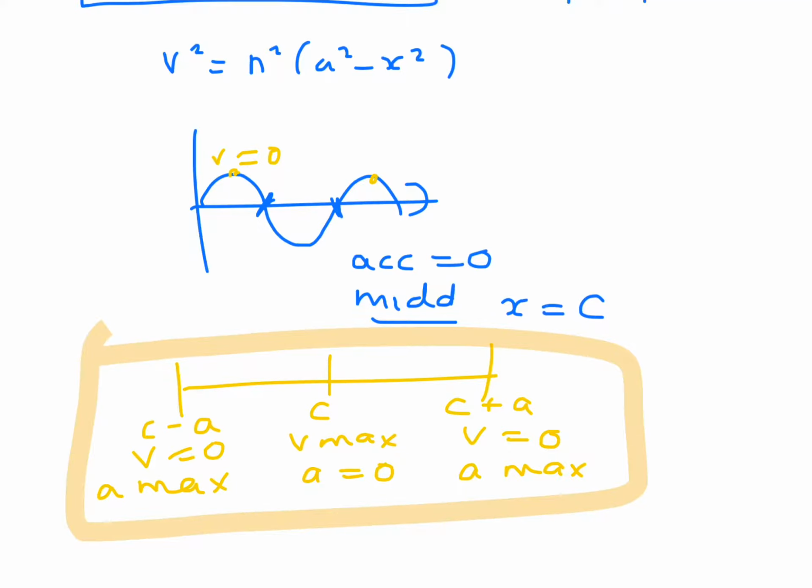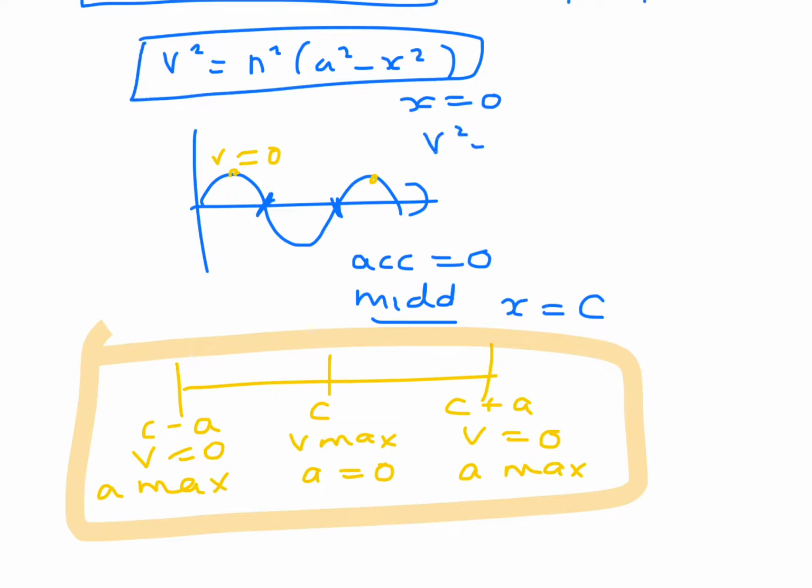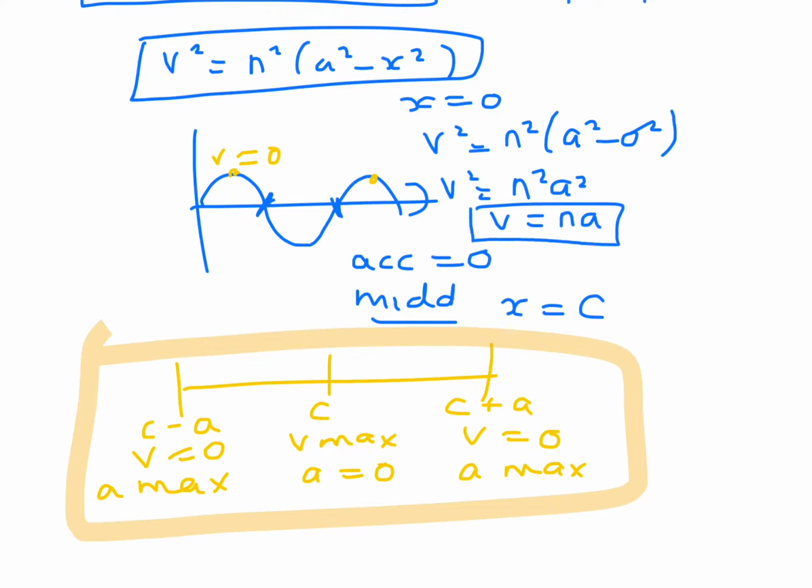All right, so what does that mean? That means that if you put in x equals 0, because the centre is x equals 0, then you get v squared equals n squared, a squared minus 0 squared. So you get v squared equals n squared a squared. So v equals na. So when v equals na, then we know the velocity is maximum.